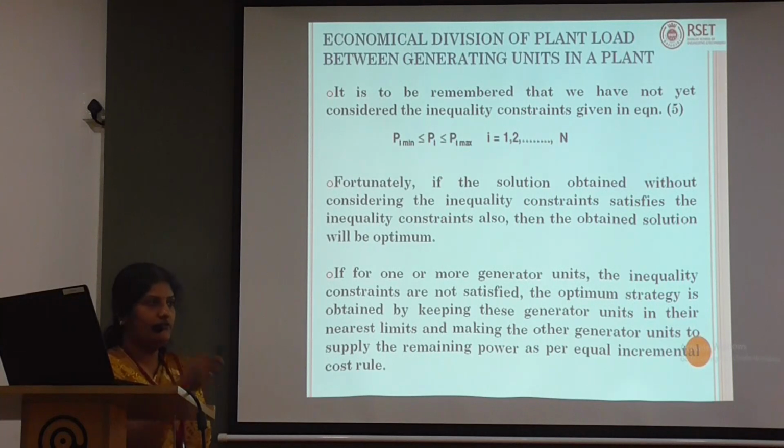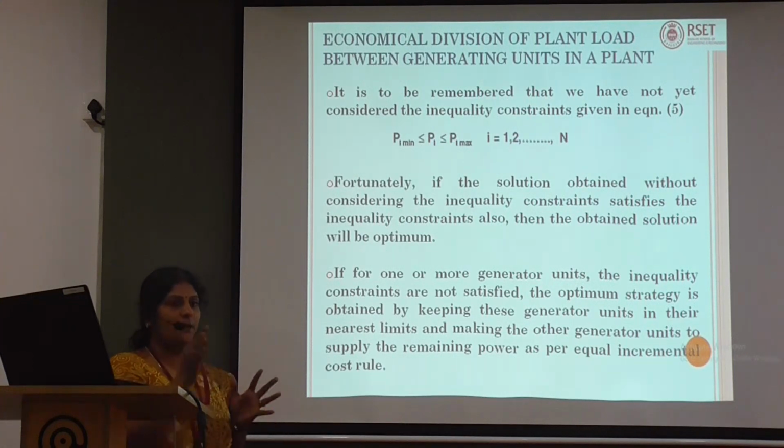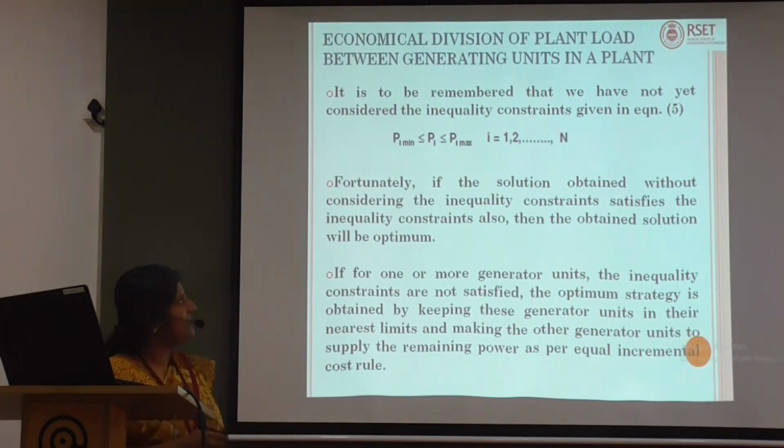But if for a particular unit the limit is violated, that is, if the generation goes lesser than the minimum or greater than the maximum, then we fix the generation of the ith unit either at the minimum value or at the maximum. If it is lesser than the minimum, you put it at the minimum limit. If it is greater than the maximum, you put it at the maximum limit.